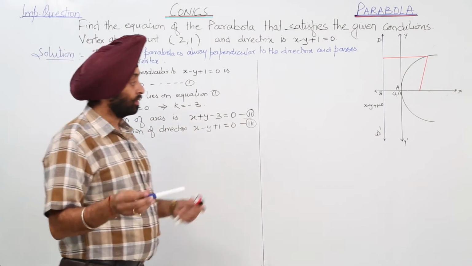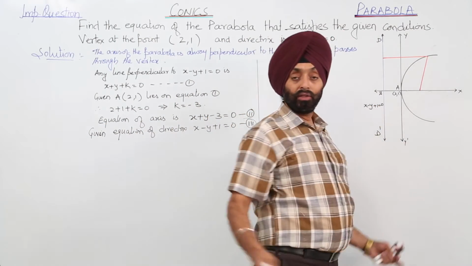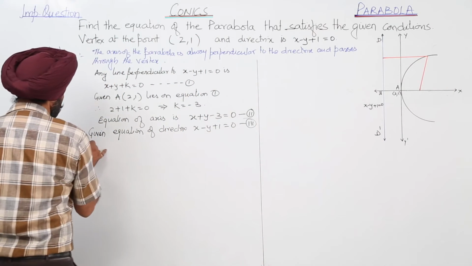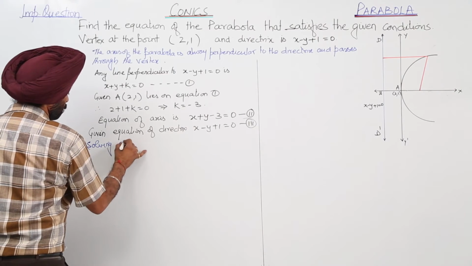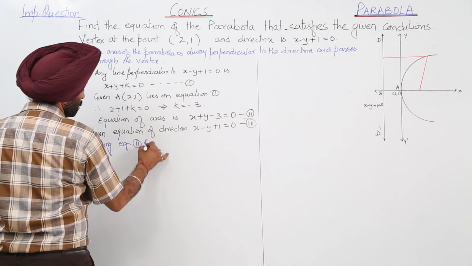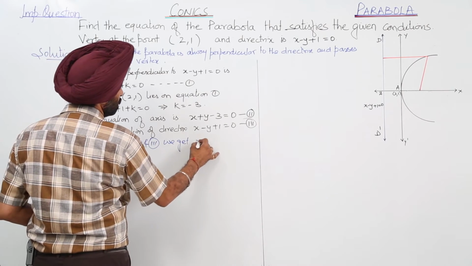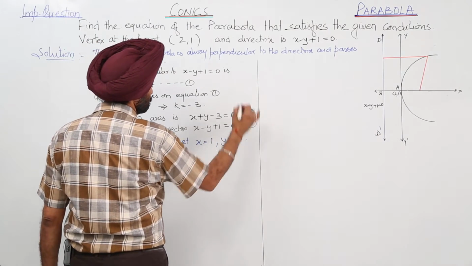Now just look here, we have the equation of this line and the equation of this line. Now solving both the equations simultaneously, solving equations 2 and 3, we get x is equal to 1 and y is equal to 2.